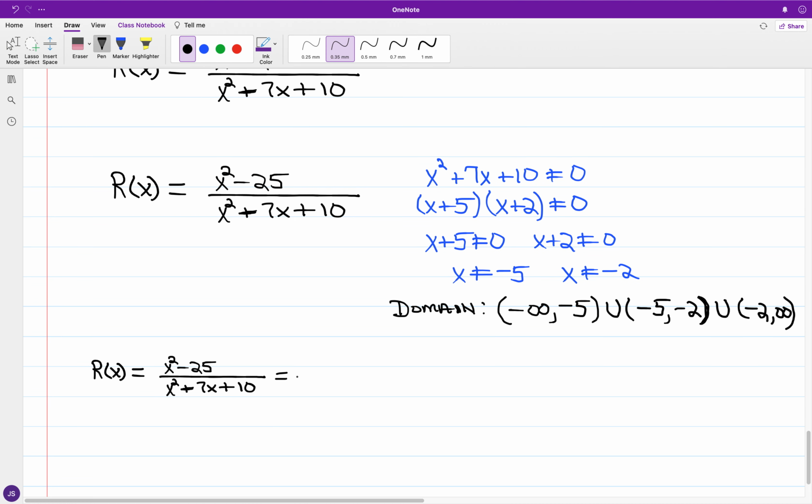If we look at factoring, with x squared minus 25, we have the difference of squares to reappear: the quantity of x plus 5 times that of x minus 5. And for x squared plus 7x plus 10, we have the quantity of x plus 5 times that of x plus 2. If you notice, we have a common factor with x plus 5.